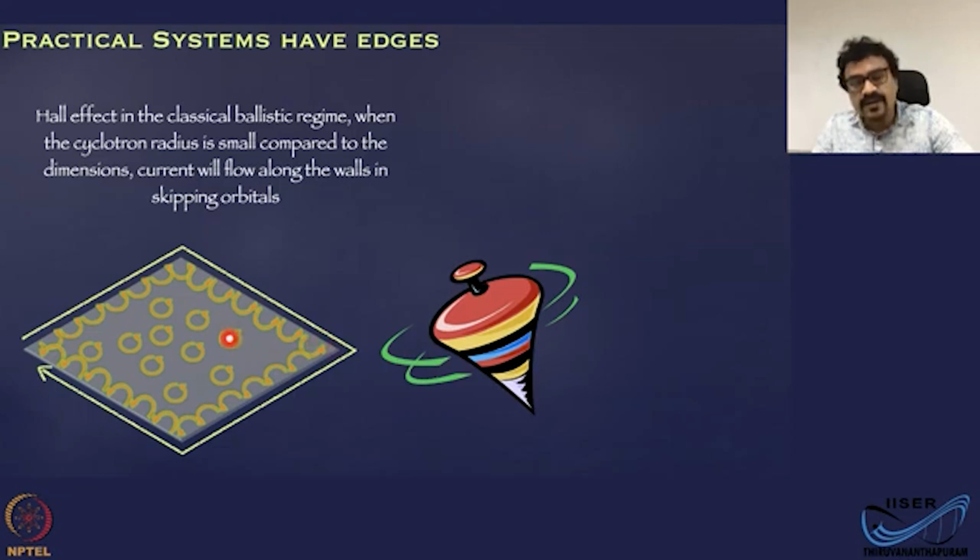So these states or these orbitals are called skipping orbitals. In the middle of the sample, in the bulk of the sample, the electron will undergo cyclotron motion and it will keep on spinning there. This is the classical picture. It will not be able to move in any direction. But at the edges, this electron will undergo the cyclotron motion, but it will not be able to complete the full circle.